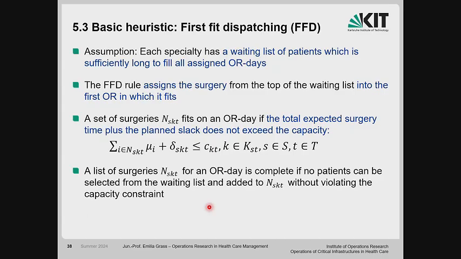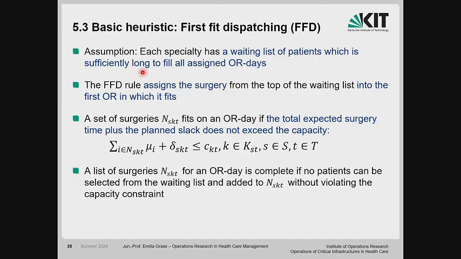First of all, we assume that we have a long waiting list and the demand is always greater than our capacity, which is not unrealistic, especially in the UK and Malta. The waiting lists are so long for standard surgeries like hip or knee surgeries that sometimes people even come to Germany to get this done, because otherwise they would have to wait for years, or at least months. So this is not a crucial assumption.